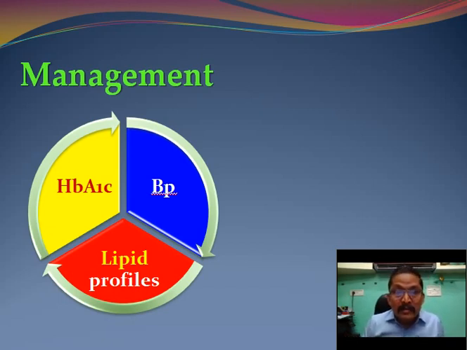And more than all the management criteria, early detection plays a very important role in the management, because as the pathology advances, the control or reversibility of the disease becomes lesser and lesser.